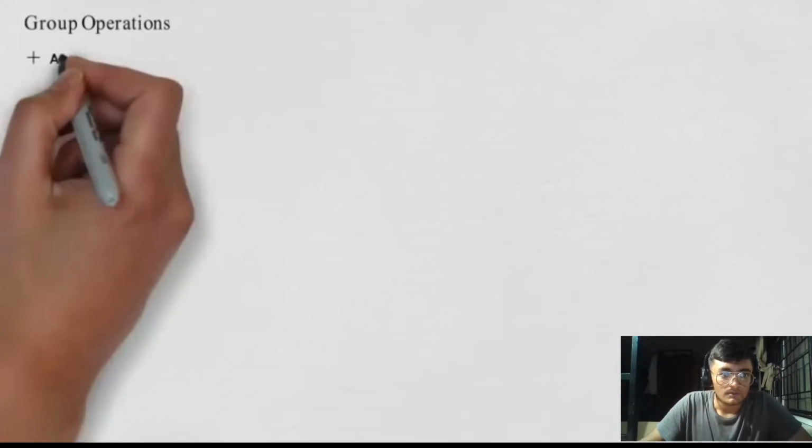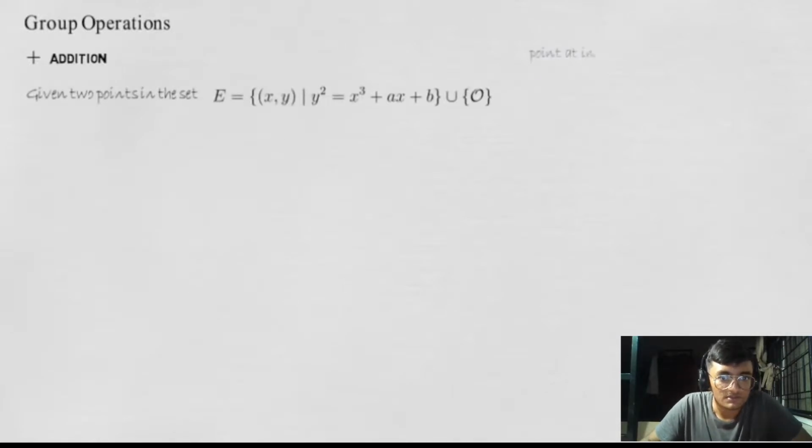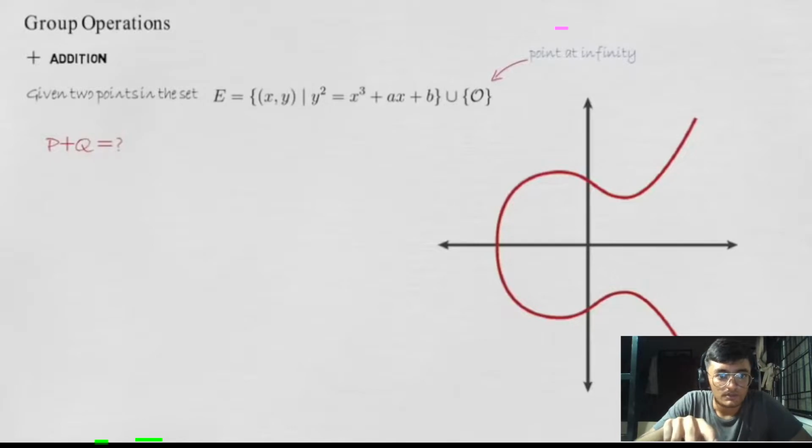Okay, so now let's understand. To understand cryptography we need to be familiar with group operations. Here is the definition: given any 2 points on the elliptical curve, what will be p plus q? The points p and q lie on the curve.